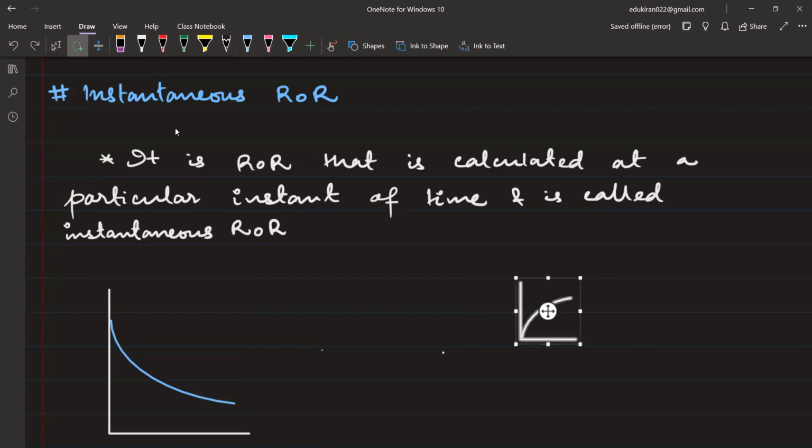Both of you wrote the definition, right? Instantaneous.